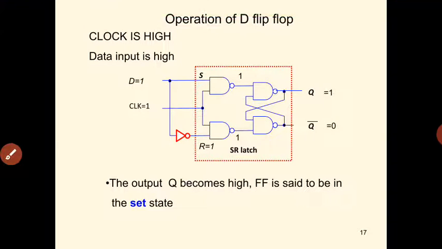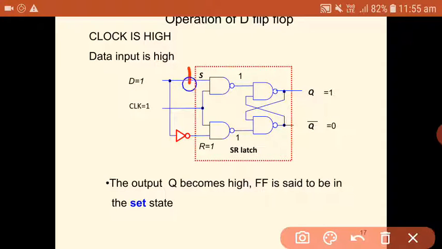And when the clock is high and the data input is high, that means the other condition, when D is equal to 1, S is equal to 1 and R is equal to 0. When S is equal to 1, you are setting the flip-flop so that the output will become 1.